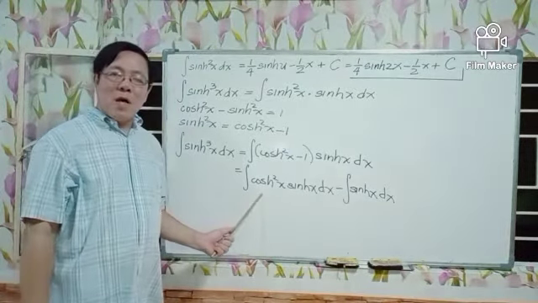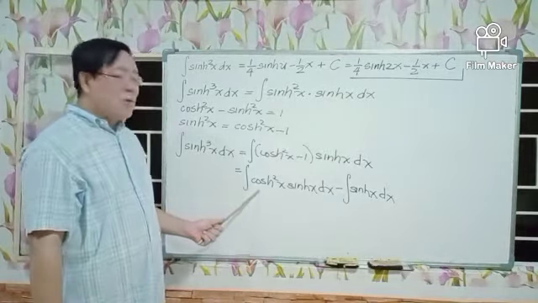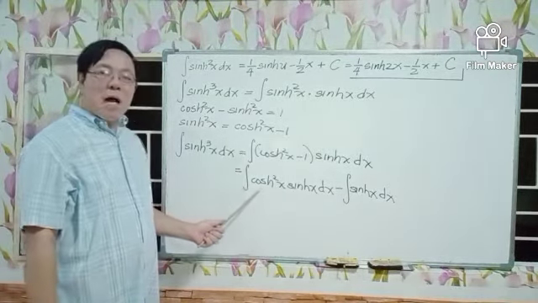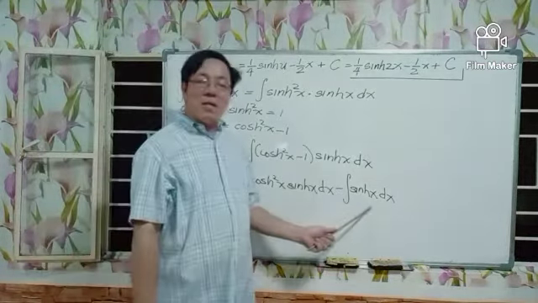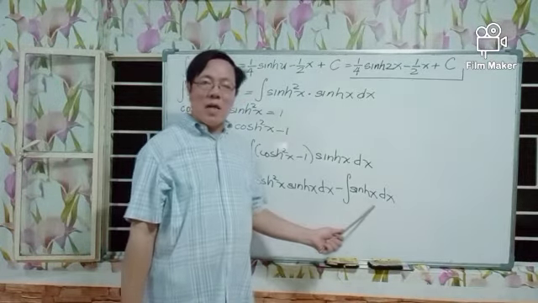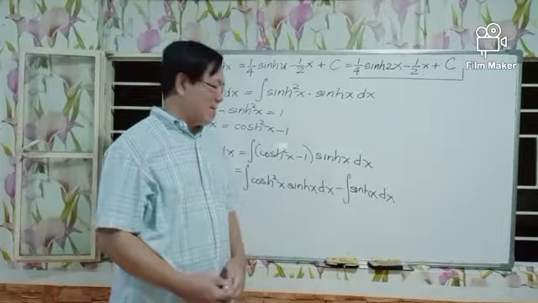For the integral of the first term, we make use of a substitution. We let hyperbolic cosine of x be equal to u. And the second term is readily integrable. The integral of hyperbolic sine of x is hyperbolic cosine of x.